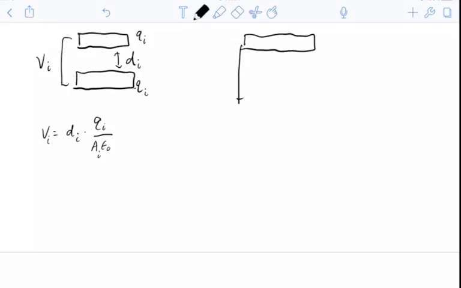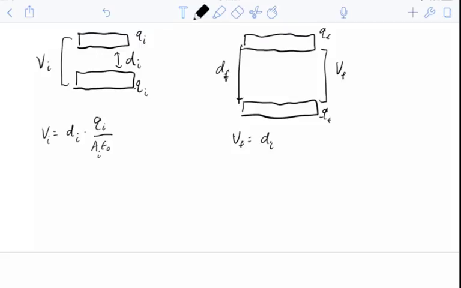I'll call it d final and V final, Q final. So V final is equal to d final times Q final over A final times epsilon naught.